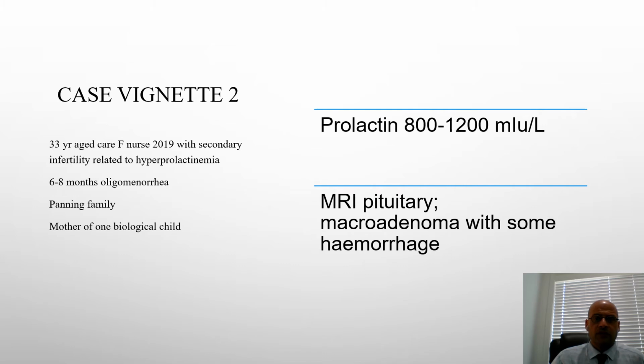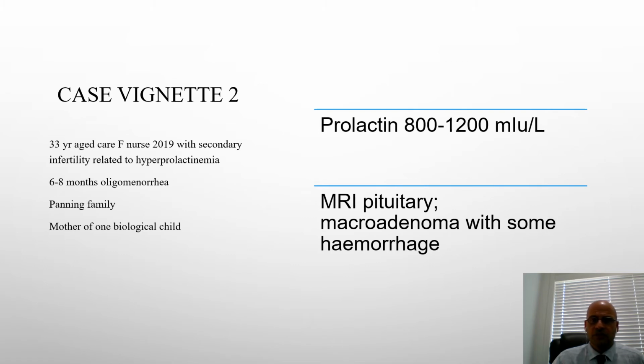All right, from there we'll move to case vignette 2, a 33-year-old female. She was planning a family and presented with a secondary infertility due to hyperprolactinemia. She has had an unassisted pregnancy with her first child.